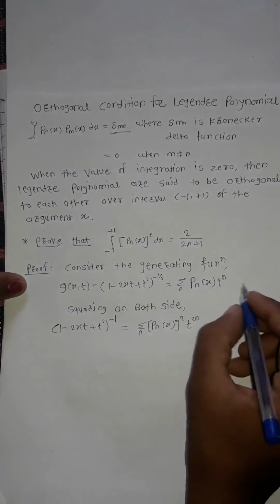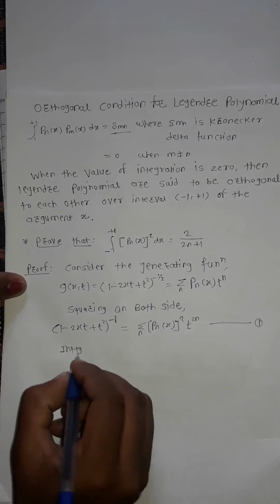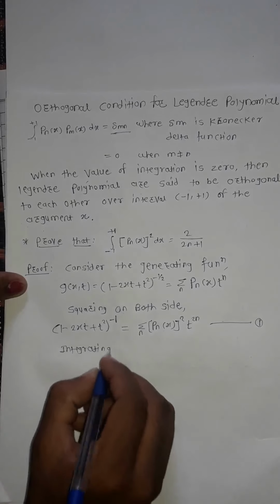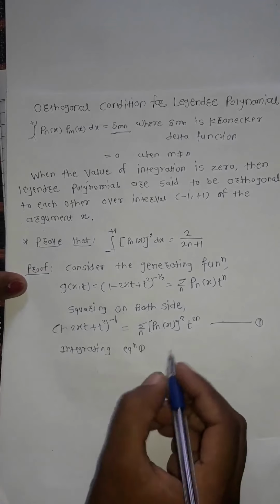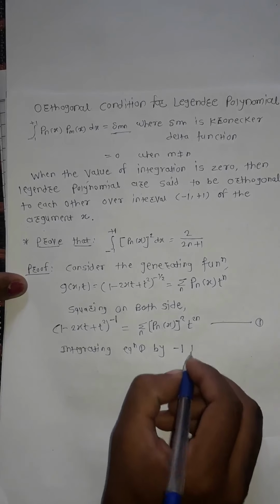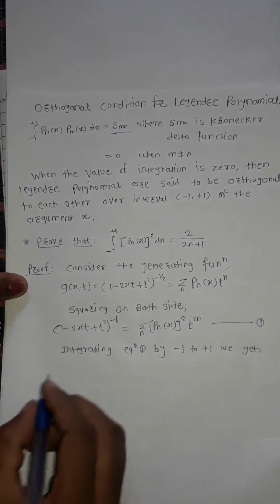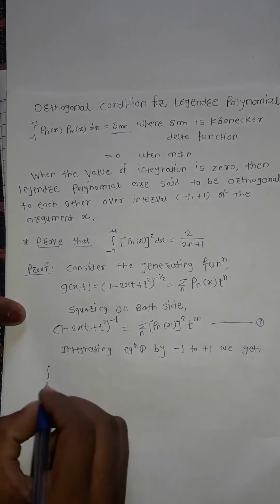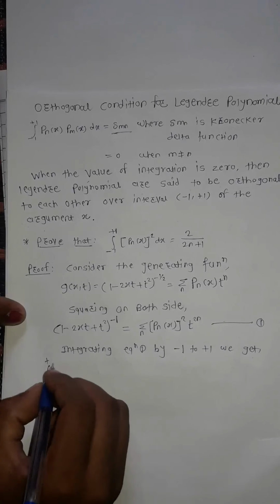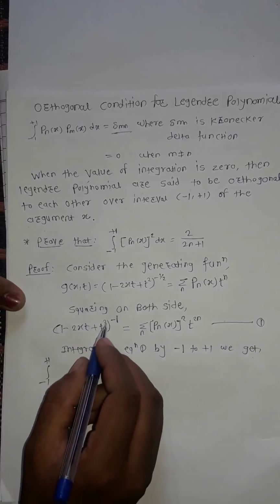This will be equation number 1. Integrating equation 1 over the interval -1 to +1, we get integral over -1 to +1 of 1 minus 2xt plus t square raised to minus 1.